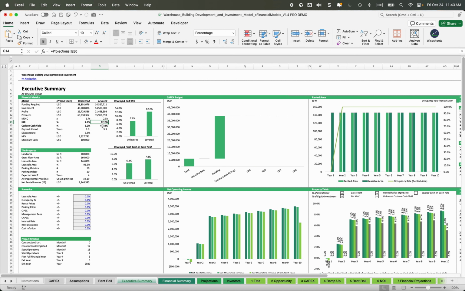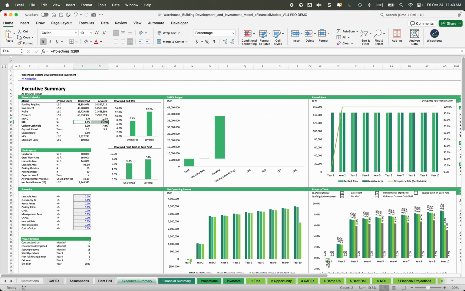Levered is including debt financing, we're at 12%, and unlevered, we're at 7.6%. So ideally, this would be a bit higher if we compare this versus the returns or the yields we can get if we buy another property. And in this case, we are using 65% leverage or debt financing, so it's not too aggressive. Maybe there's still ways to improve this, but at the moment, this is what it is.